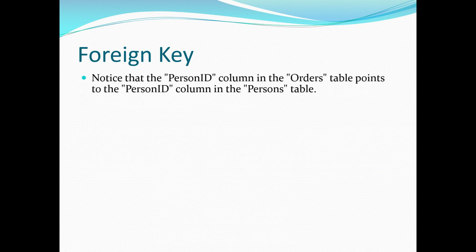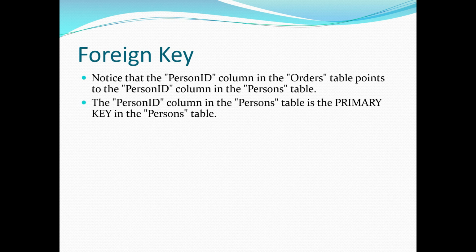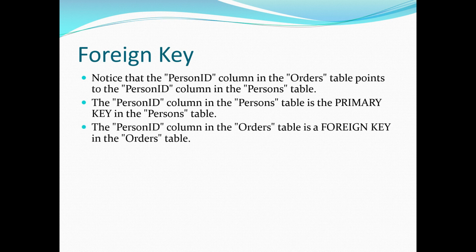Notice that the person ID column in the orders table points to the person ID column in the persons table. The person ID column in the persons table is the primary key, and the person ID column in the orders table is a foreign key.